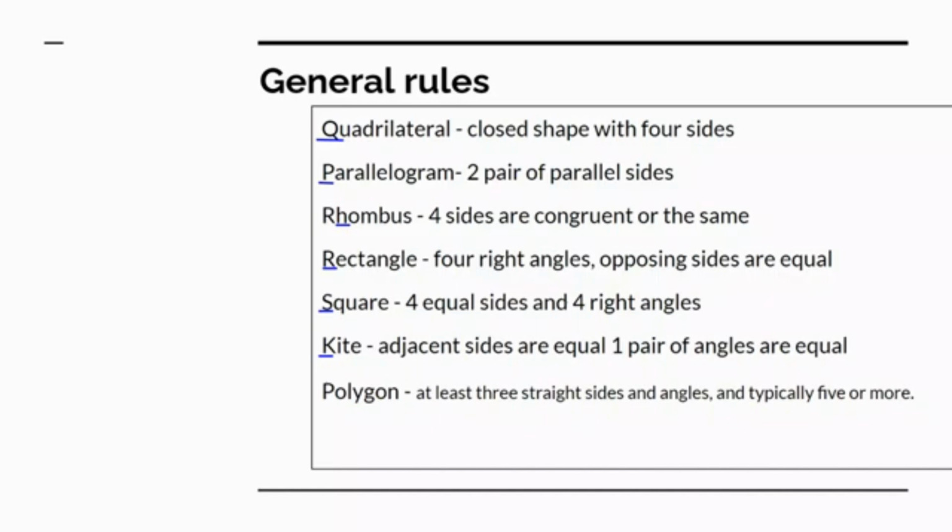The square has 4 equal sides and 4 right angles. The kite has adjacent sides and 1 pair of angles that are equal. Polygons have at least 3 straight sides and angles, and typically have 5 or more sides and angles. Again, pause the video and jot down these notes in a notebook to use to help you identify shapes.